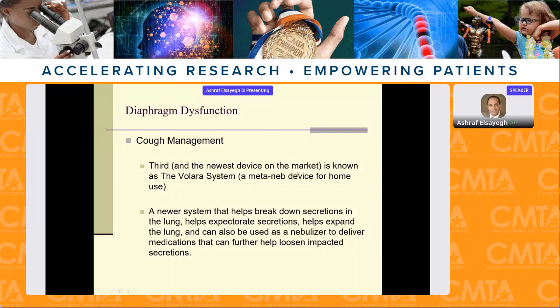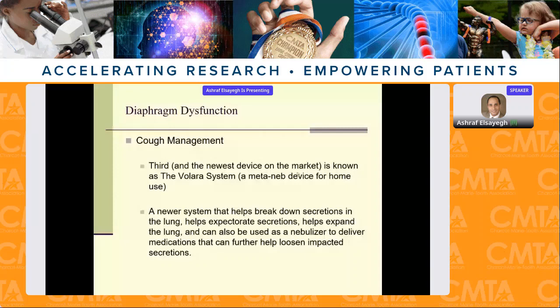It's a device that helps break down the secretions in the lungs. It helps you cough out the secretions. It helps expand the lung. And it's a nebulizer that can deliver medications that can help further break down secretions. So it's kind of a combination of the first two devices in one, plus a few extra added bonuses.